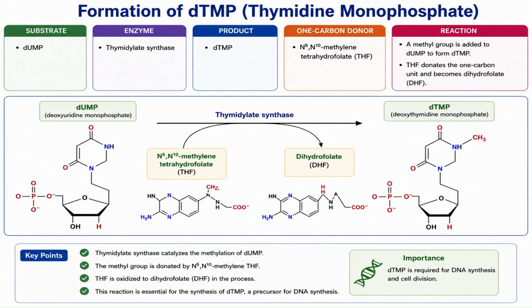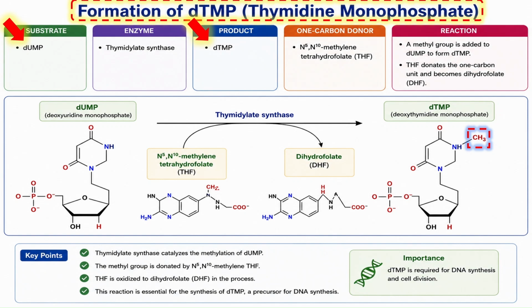So now let's understand the formation of dTMP, thymidine monophosphate. The dUMP contains uracil while the dTMP contains thymine. The difference is only a methyl group. The methyl group is present at the 5th carbon position of the pyrimidine ring in the thymine.